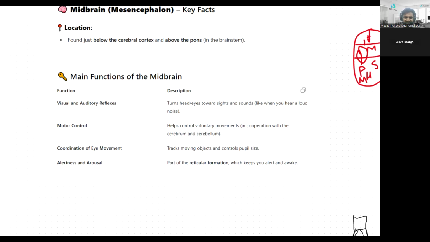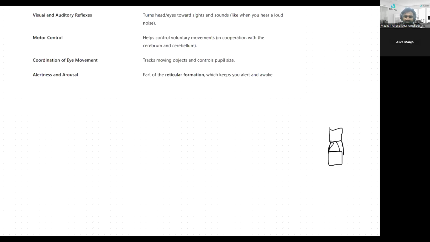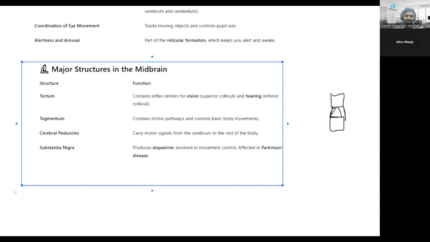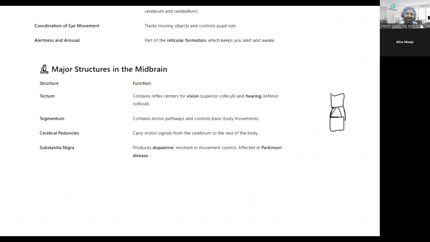So we can say there are four major structures present in the midbrain.